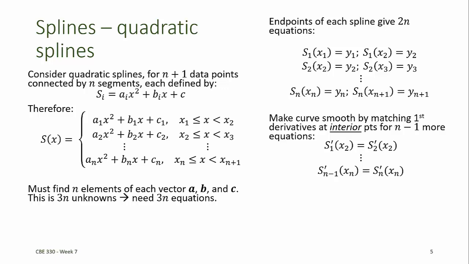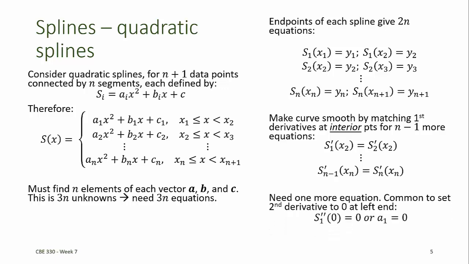This provides us with n minus 1 more equations. That is, we set the derivative of spline segment 1 equal to the derivative of spline segment 2 at the knot, x2, that connects those two spline segments. And that way the curve will be smooth. But this only provides us with n minus 1 additional equations. So we still need one additional equation.